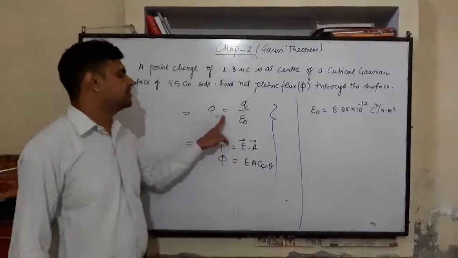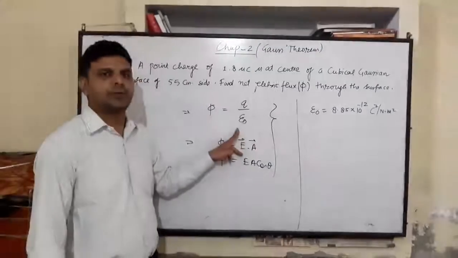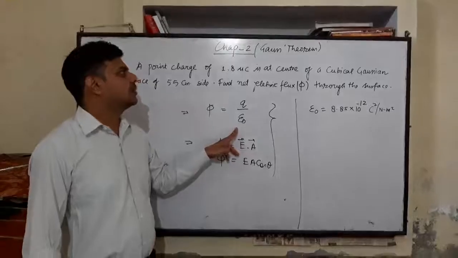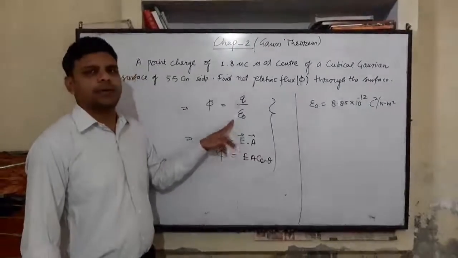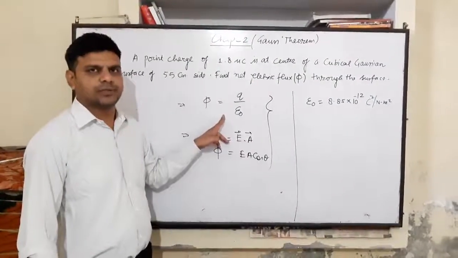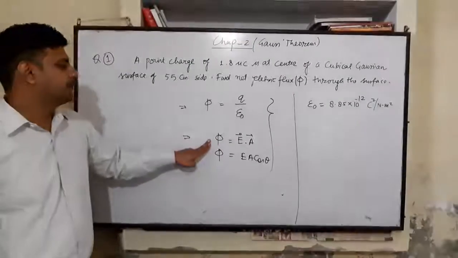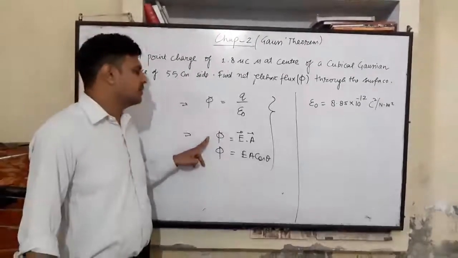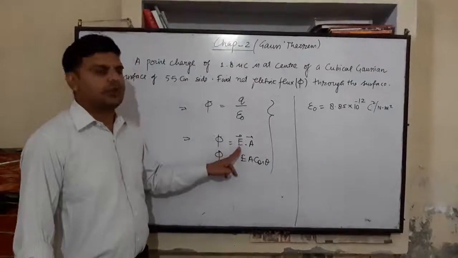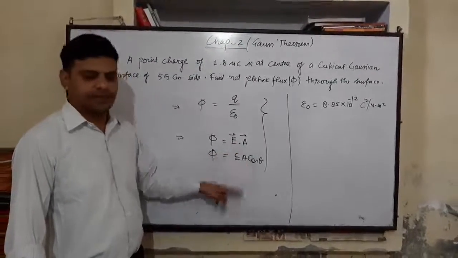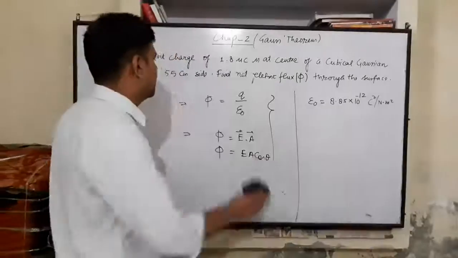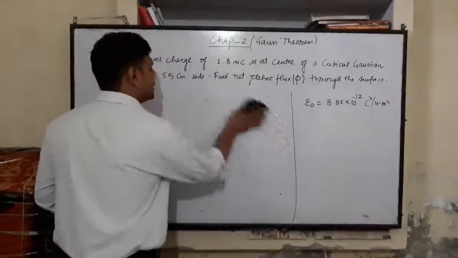Always remember, Gauss theorem, phi is equal to q over epsilon naught, is applicable only for a closed surface. The other formula gives the flux through any surface, whether it is closed or not.